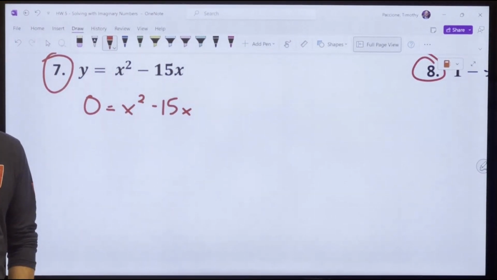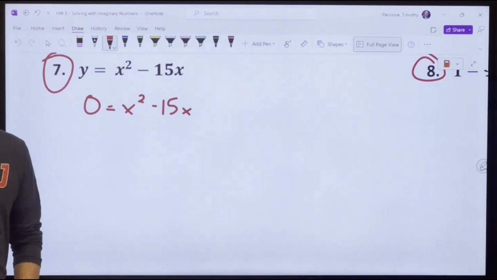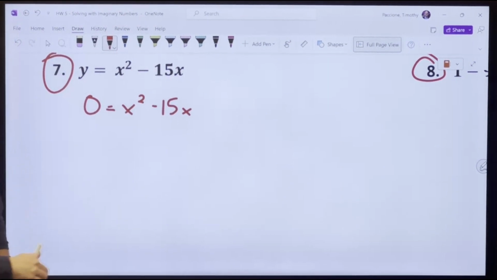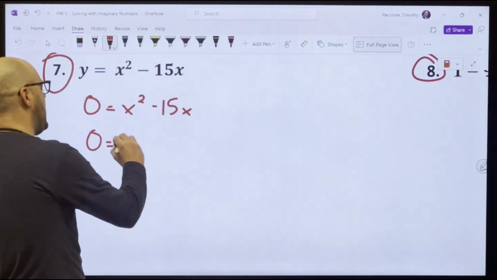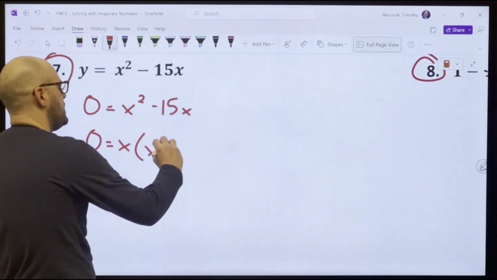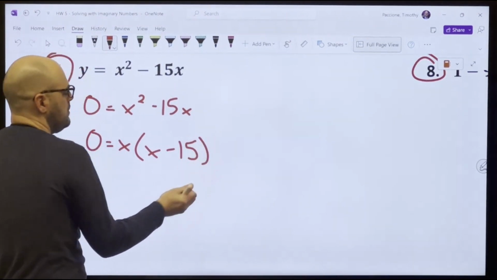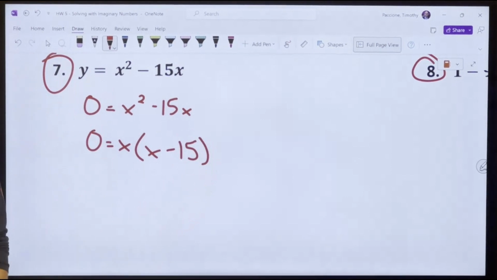What do both of them have? X. If everything has something, if you can divide everything by it, it's a GCF. This has a GCF. It's x. 0 equals x minus 15. Right? You just divide them both by x.